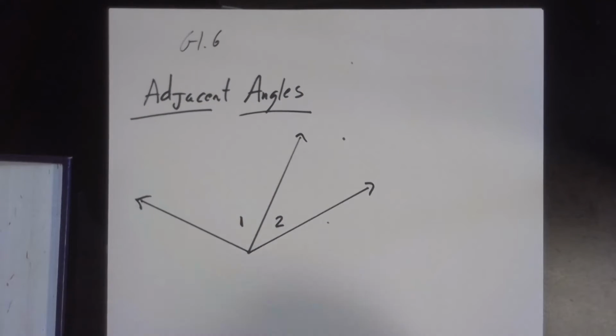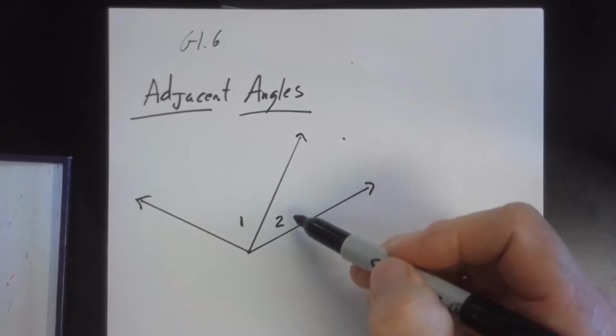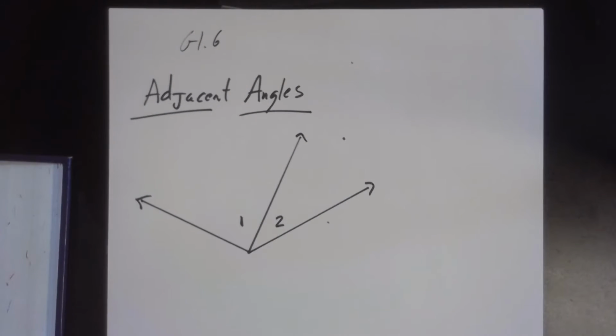Do you see how they share this common side? That's what we're talking about when we say adjacent angles. Close to each other, not in the same figure, the same picture. They literally have to share a common side in order for them to be adjacent. That makes sense to everybody?